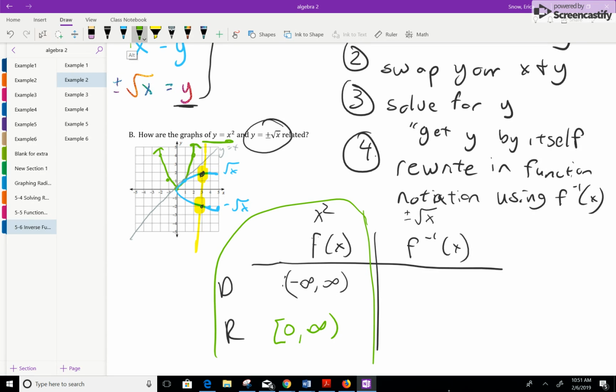If we look at our blue, our domain starts at 0 and goes to infinity, but our range is negative infinity to positive infinity. So notice that when you go from the inverse relation to the actual relation, the domain and the range swap roles between those two.